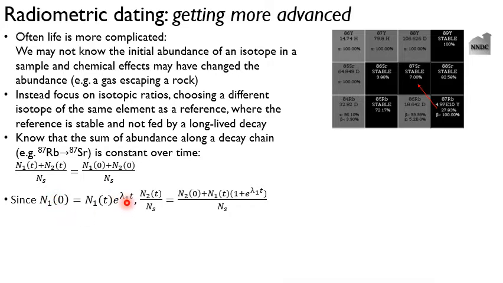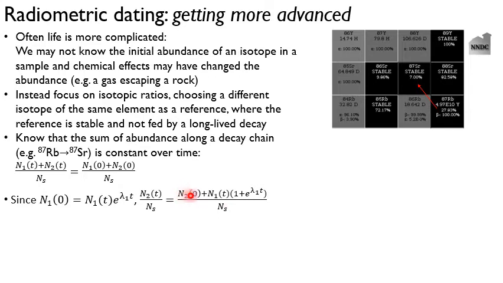Well, then what we can also do is plug this into our ratio up here, right, up into this equation, and do some simple algebra. And you don't need to follow it, but basically the ratio of, in this case, my strontium-87 to strontium-86 at some given time is equal to this fraction here.